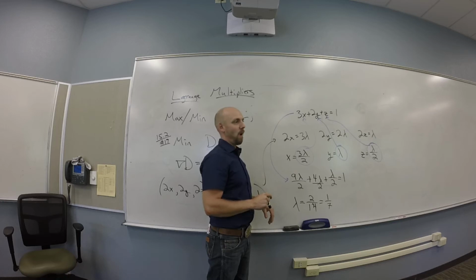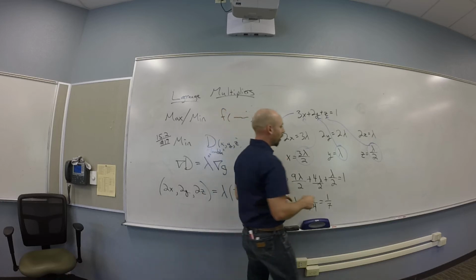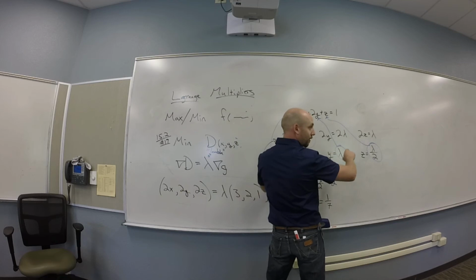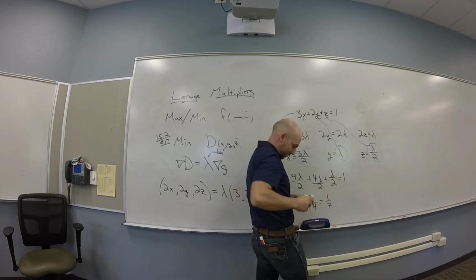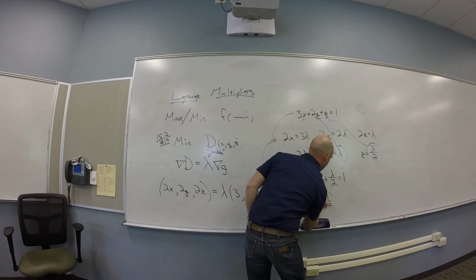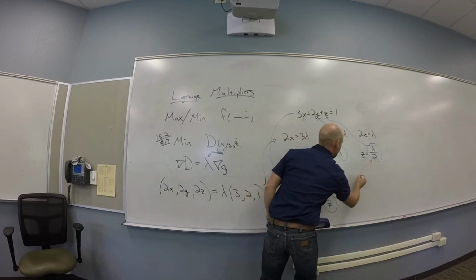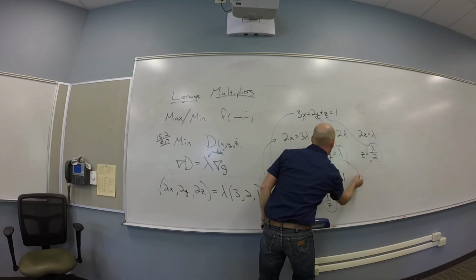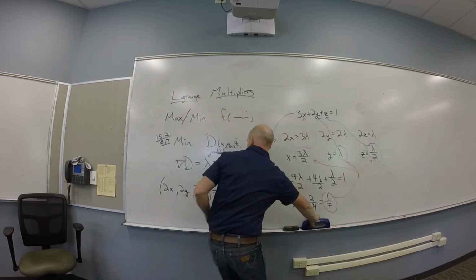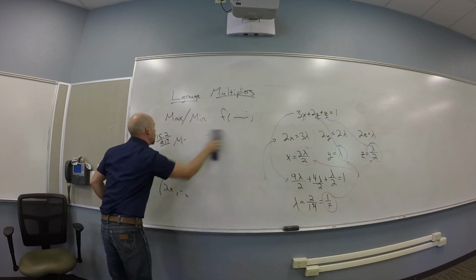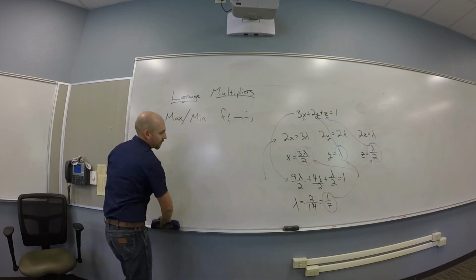Plug that into where now? So I would take this 1/7 and plug it into these guys, and those are your points. So that's going to be my point, and there's only going to be one because it's boring.